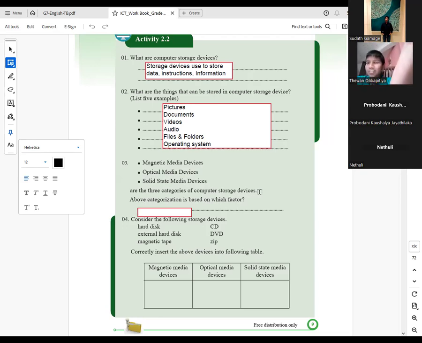So you are telling that storage devices. But those 3 are all storage devices, so generally we can say storage device. Why? What is the meaning of categorizing that? What is the reason?